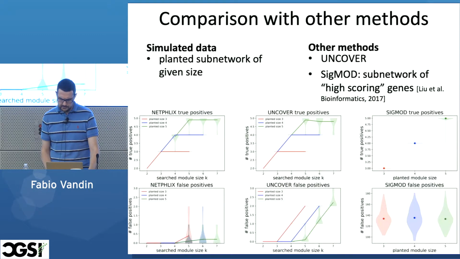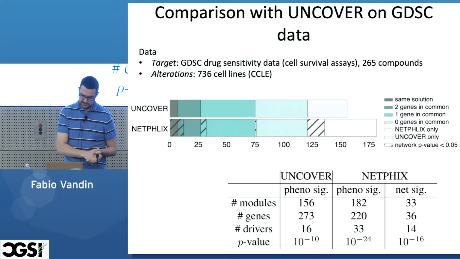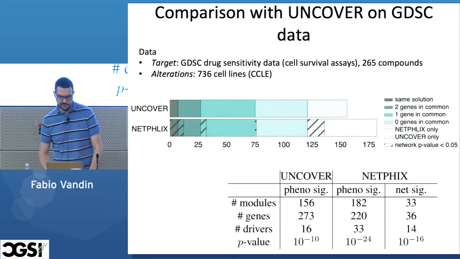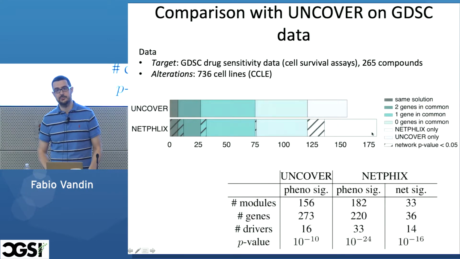We then compared it with Uncover using real data from the GDSC drug sensitivity data from before. What I'm showing here is a plot of the number of solutions reported by Uncover and reported by Netflix. These are solutions for which the p-value from the permutation test is significant.